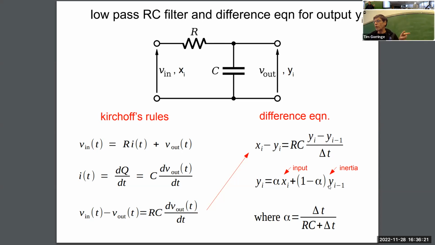So you combine that input sample and that output sample together to make the next output sample. And so that's just a little recursion relation that you can apply to any digital signal to filter that digital signal in a way that mirrors what an RC analog filter would do.